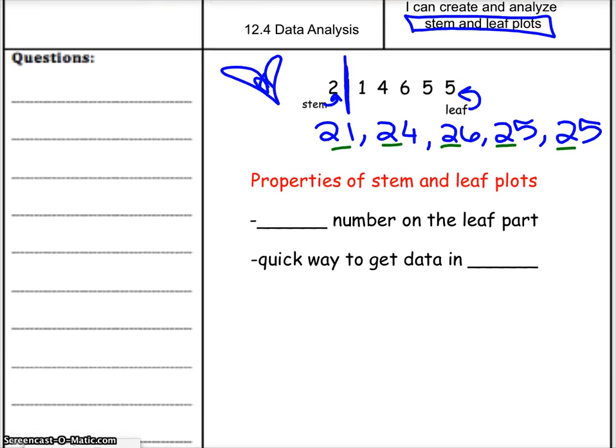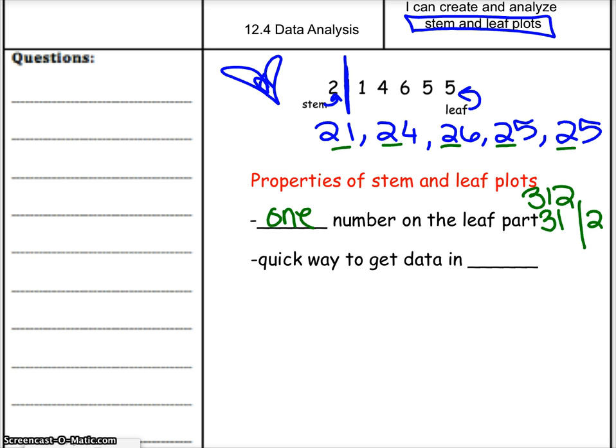There are some very important properties with stem and leaves. There should only be one number on the leaf part, on that end part. Like if I have 312, then my stem would have to be 31 and my leaf would be 2. There can only be one number to the leaf part.